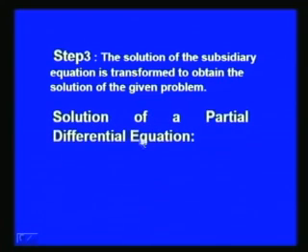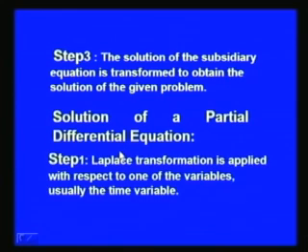Let us see how we obtain the solution of a partial differential equation. In partial differential equations, the first step is we apply the Laplace transformation on the given partial differential equation. It will be applied with respect to one of the two variables.